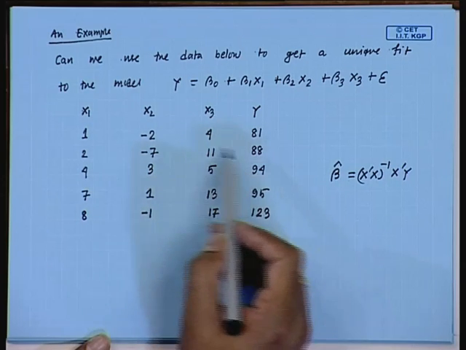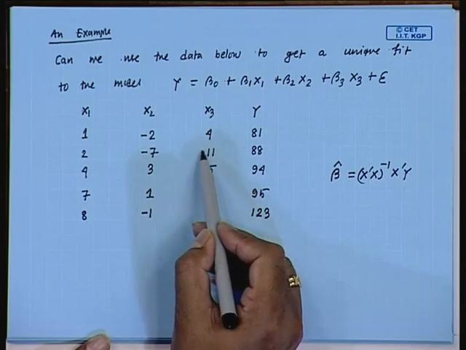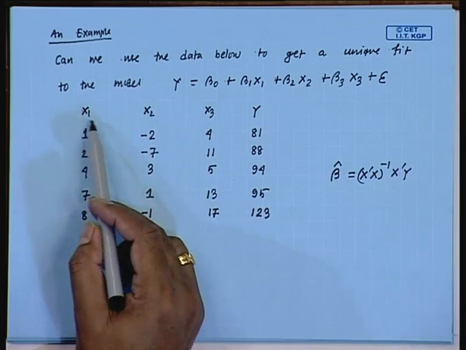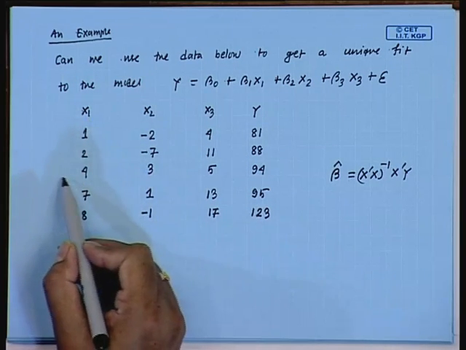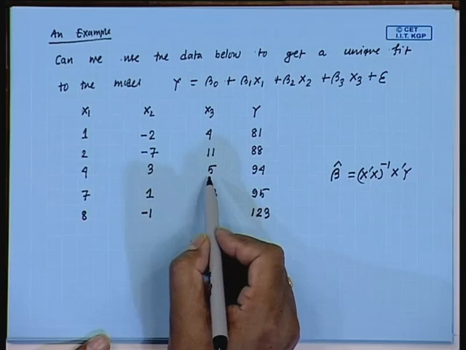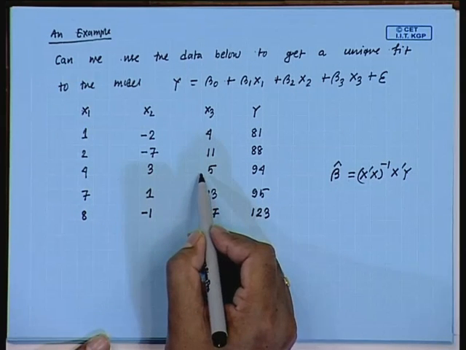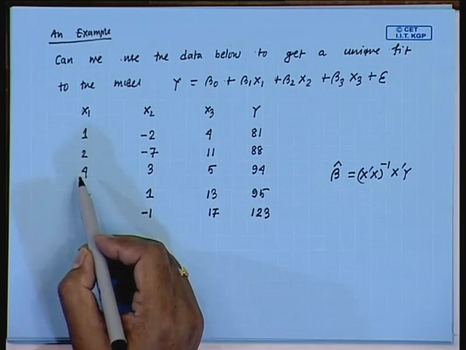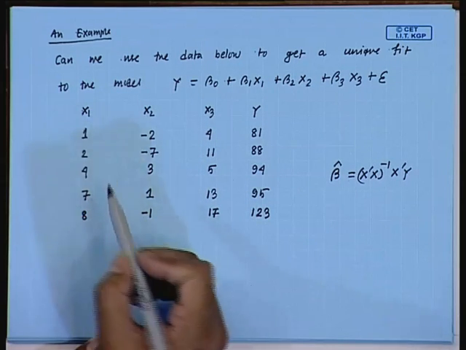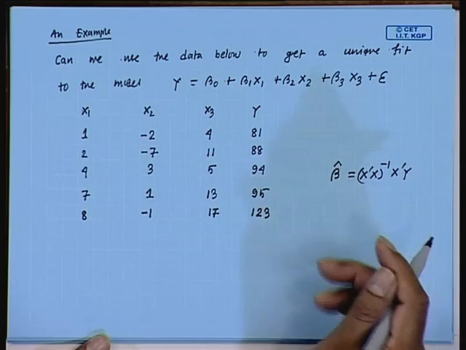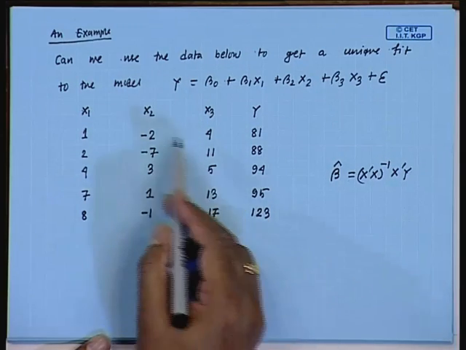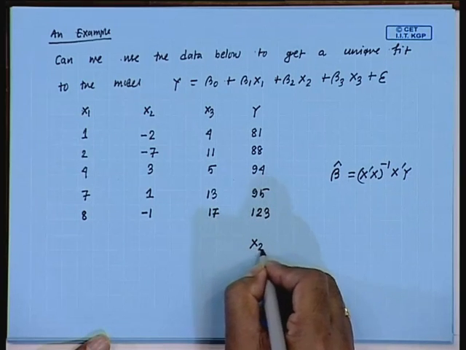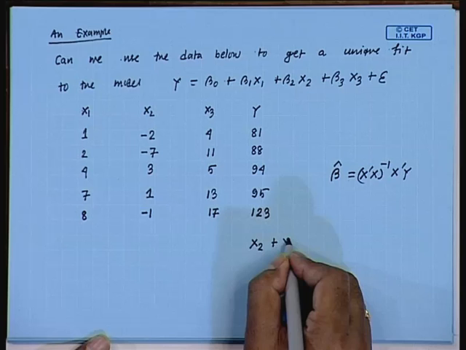Take the second observation, x2 plus x3 is equal to 4, which is 2 times x1. Third observation also, x2 plus x3 equal to 8, which is 2 x1.